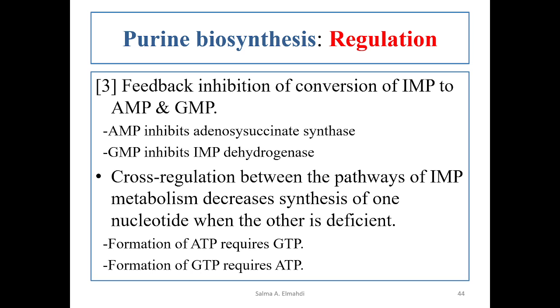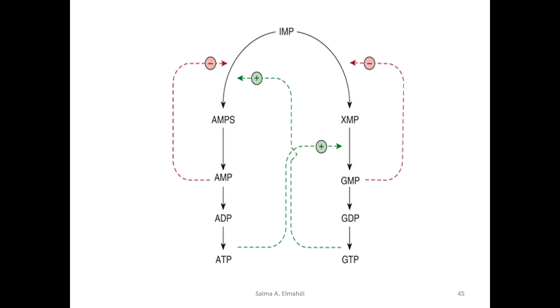Feedback inhibition of the conversion of IMP to AMP and GMP occurs at a bifurcation of the parent molecule into the two pathways. AMP inhibits adenylosuccinate synthase and GMP inhibits IMP dehydrogenase. There is cross-regulation between the pathways of IMP metabolism, which decreases synthesis of one nucleotide when the other is deficient. That means they go hand in hand.